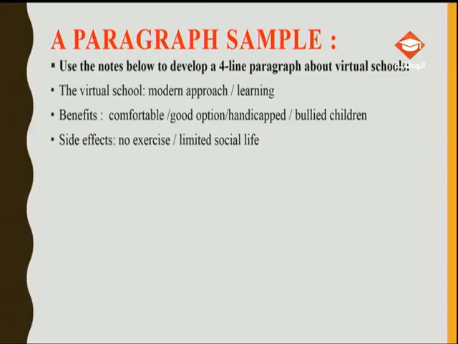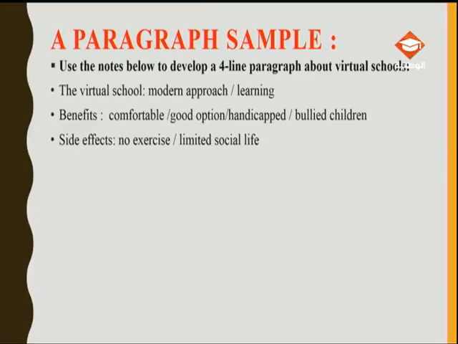Let's read this sample. The question says, use the notes below to develop a 4-line paragraph about virtual schools. First, they give us maybe a type of definition: the virtual school, modern approach, slash, learning.